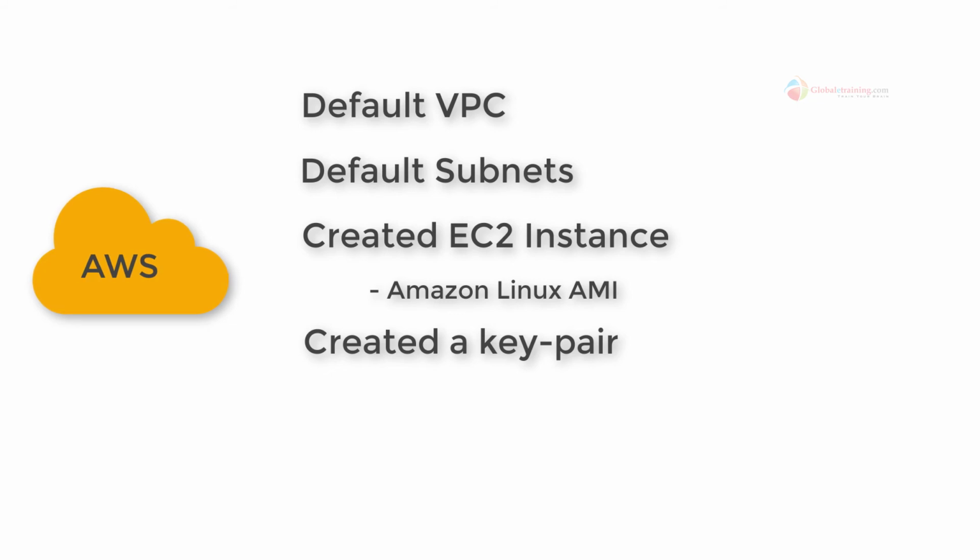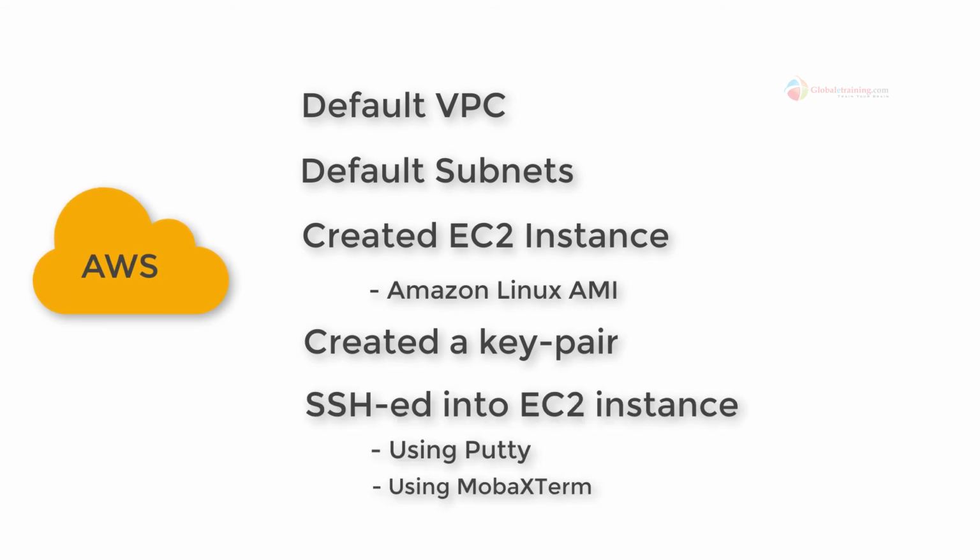We downloaded it, and then to make it work with PuTTY, we loaded it using the PuTTY key generator and extracted the public key and the private key, which is .ppk for PuTTY private key, and then used it in PuTTY to connect to the EC2 instance. And then we used MobaXterm to connect to our EC2 instance using the command provided by AWS. By the way, the same command can be used on any Linux machine or a Cygwin environment to connect to this particular EC2 instance. Well, that's it in this video.